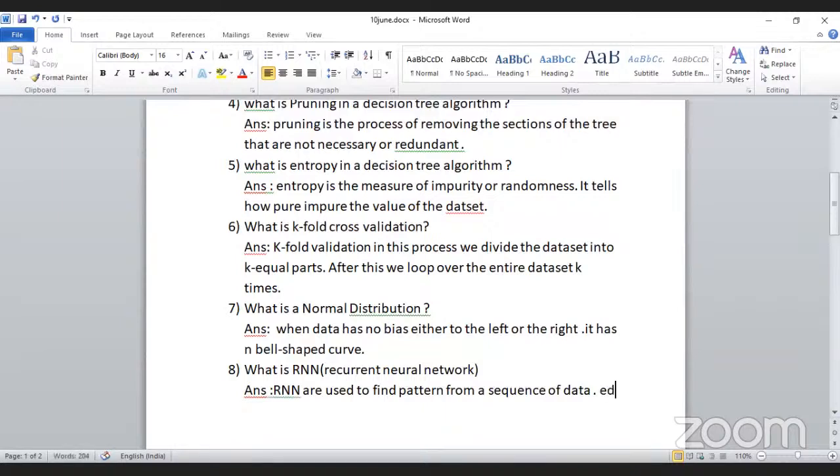For example, a sequence of data is time series, the stock market, temperature, etc. These are examples of sequence of data.